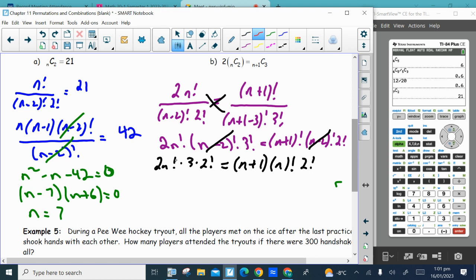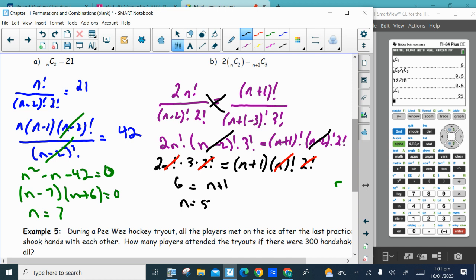So n factorials cancel. 2 factorials cancel. So we are left with, on the left, 2 times 3, which is 6, equaling n plus 1. So n will equal 5. So there's our answer that we got.